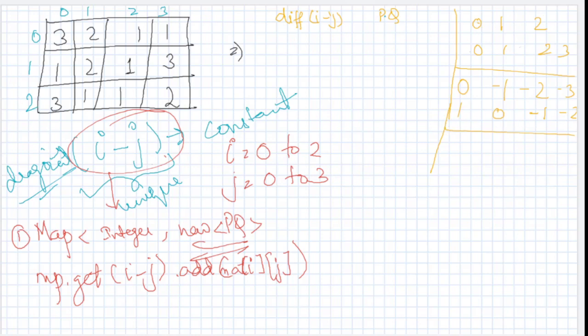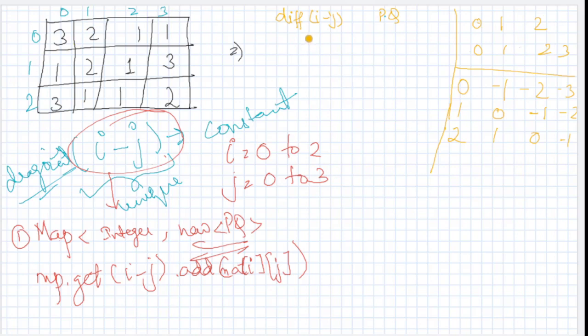The last one comes: 2 minus 0, 2 minus 1, 2 minus 2, and 2 minus 3. So you know that 0 will point to this element, and then so on. That's the element you have to fetch.